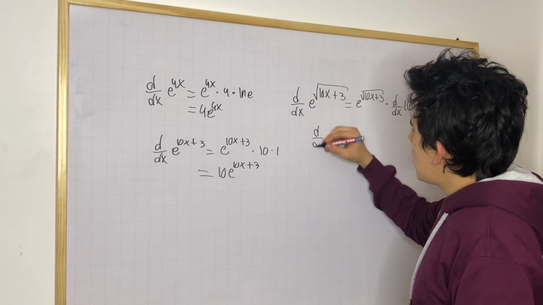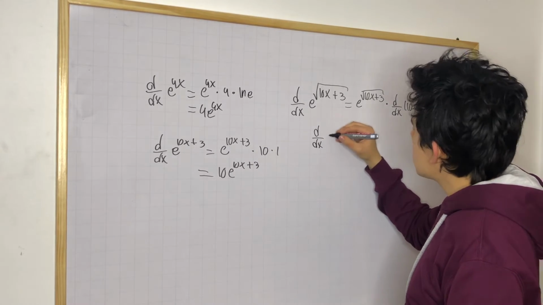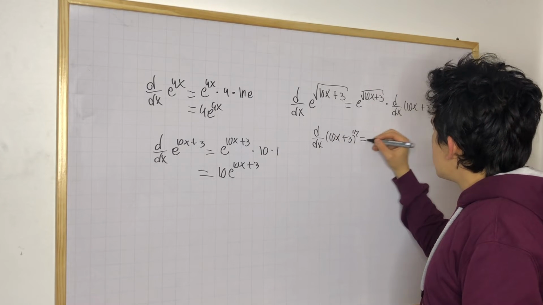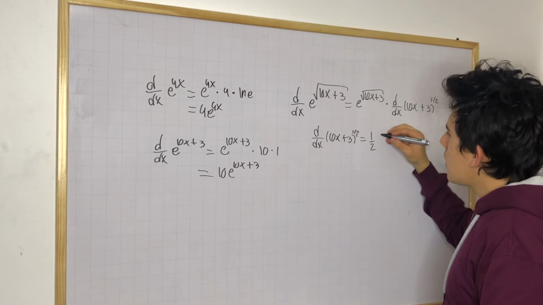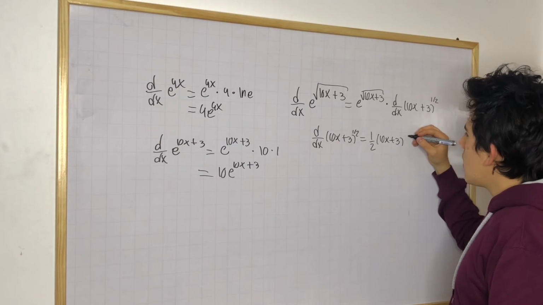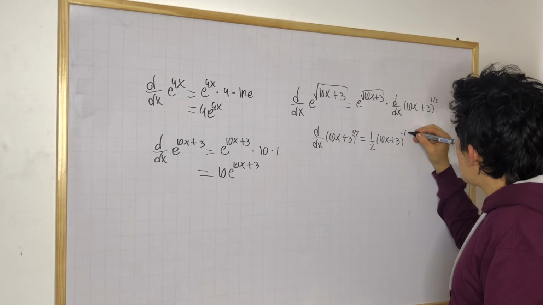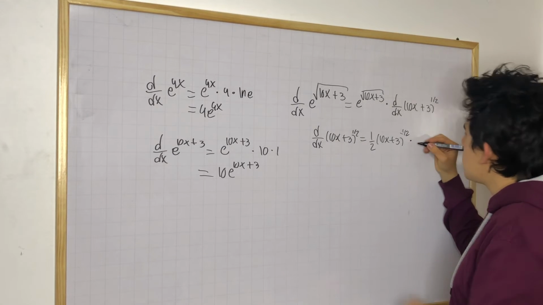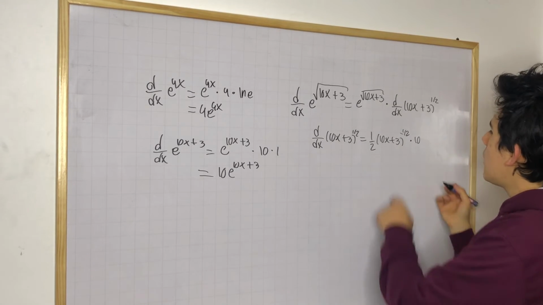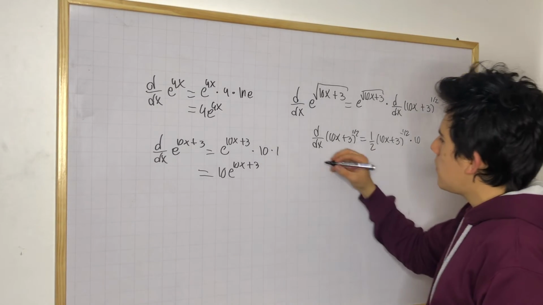So we're going to have d over dx of 10x plus 3 to the 1/2. This is going to be 1/2 times 10x plus 3 to the minus 1/2 times the derivative of what we have inside, which is just going to be 10. We're going to have 10 over 2, that's just going to be 5.